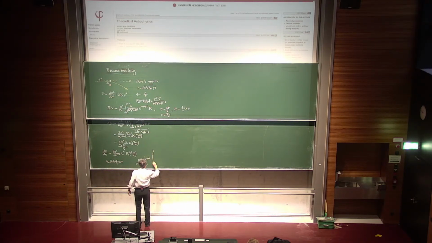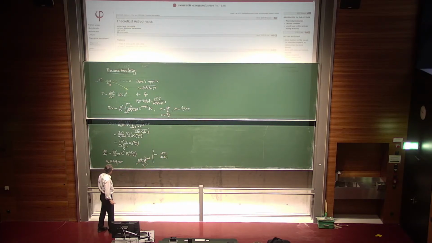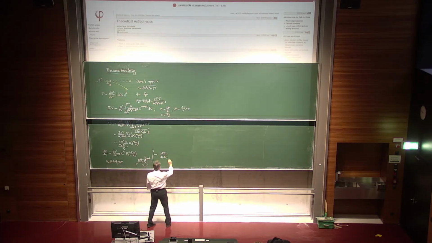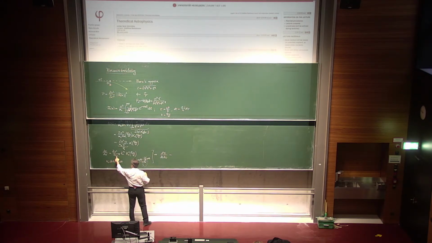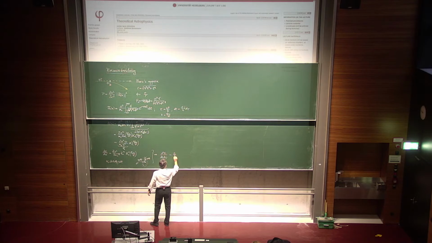So from these two considerations, I can conclude that the energy emitted, d2E, per unit time and unit frequency, is going to be 2 pi, which cancels with 3 pi here, gives a factor of 2 over 3.